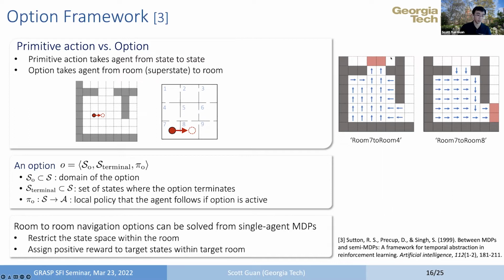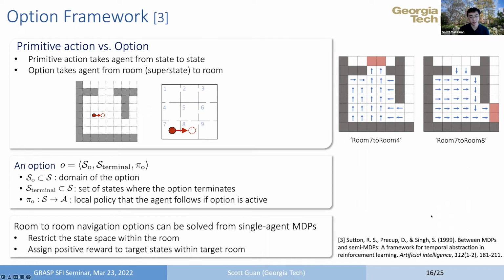Then we form a local Markov decision process, solve this MDP, and find a policy for this option. Once the agent selects an option, the option will execute this local policy until reaching the terminal state, in this case, leaving the room.